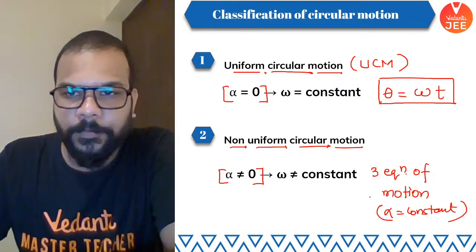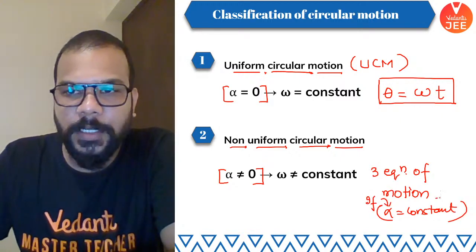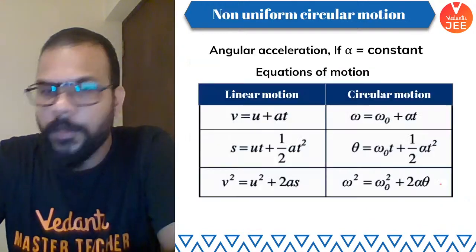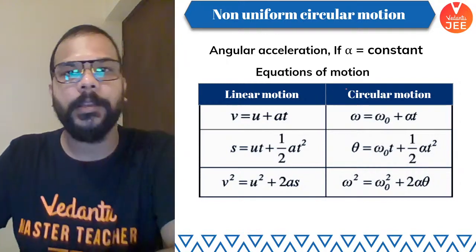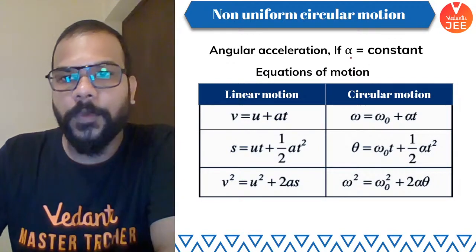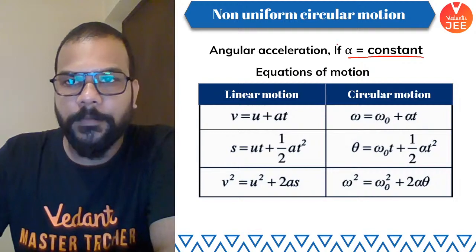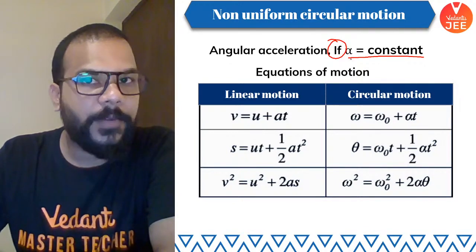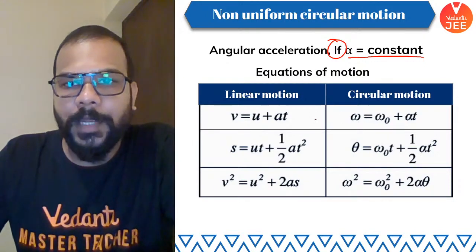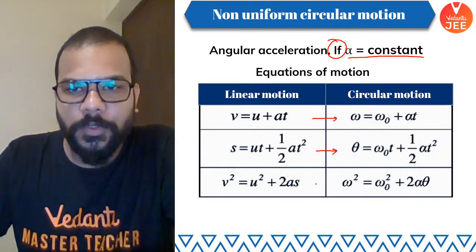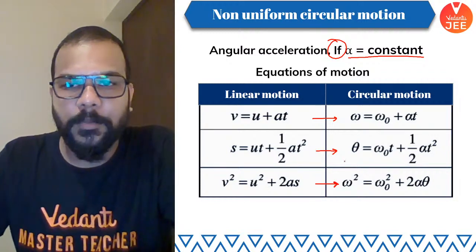These are written over here, just to see them as a correlation with the linear counterparts. Remember, it's a big if: if alpha is constant, if angular velocity is changing at a constant rate, then you will have similar equations as we used to see in linear motion.